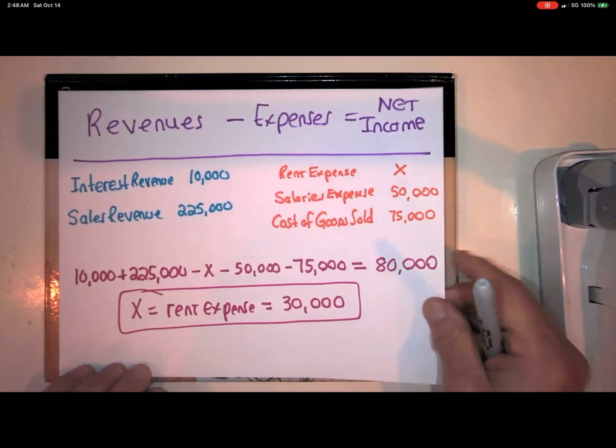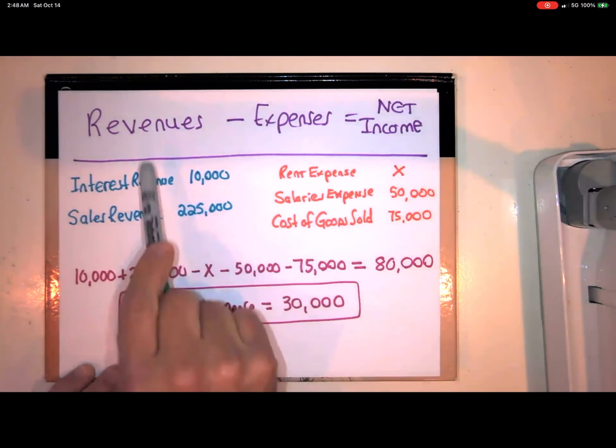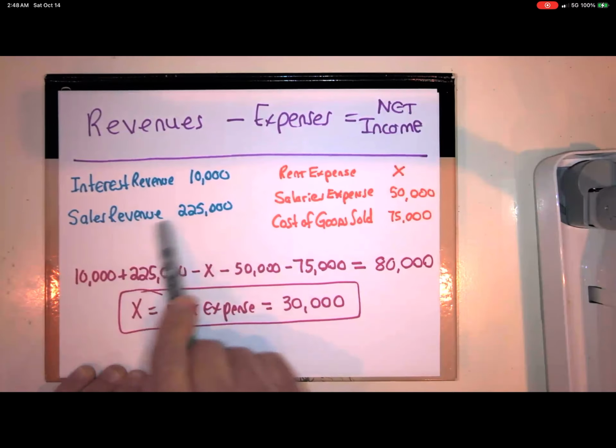Zane, can I ask one more question? So we heard a little bit earlier, and I had made the comment that something you need to be able to do is tell me which accounts are assets, liabilities, equity, revenue, and expense. To identify the revenues, well, they say revenue.